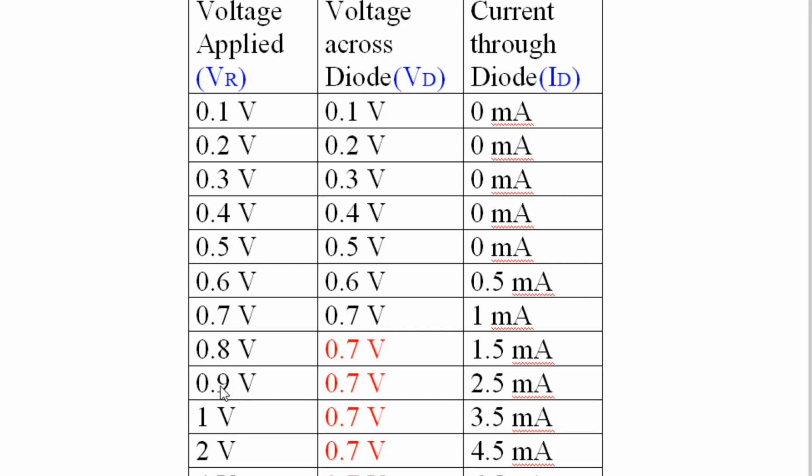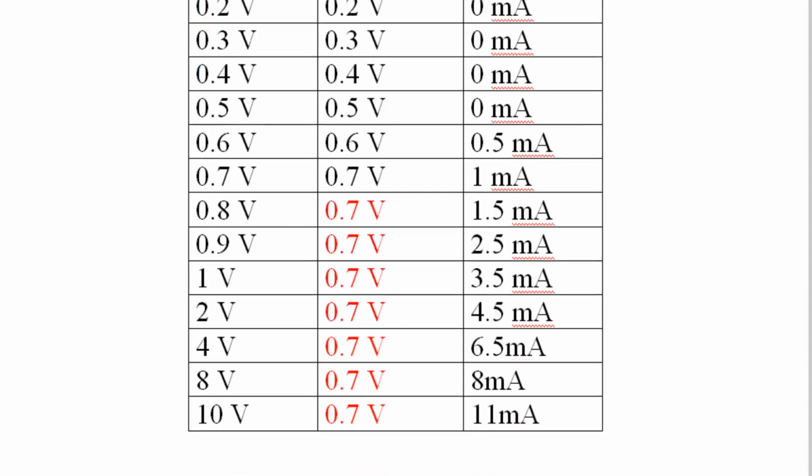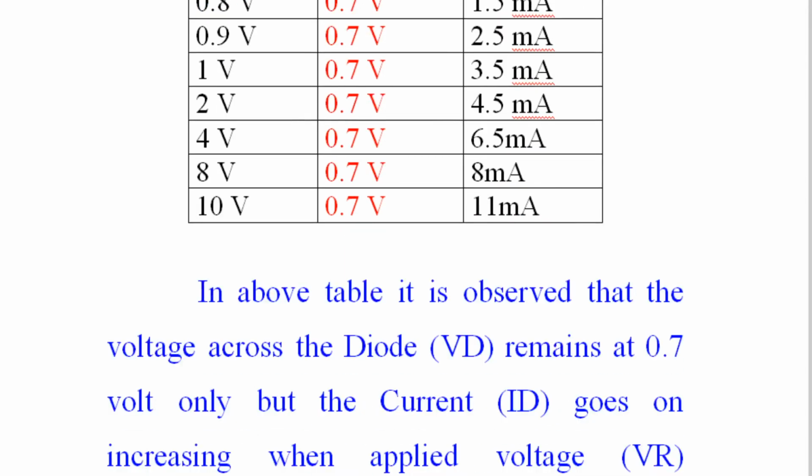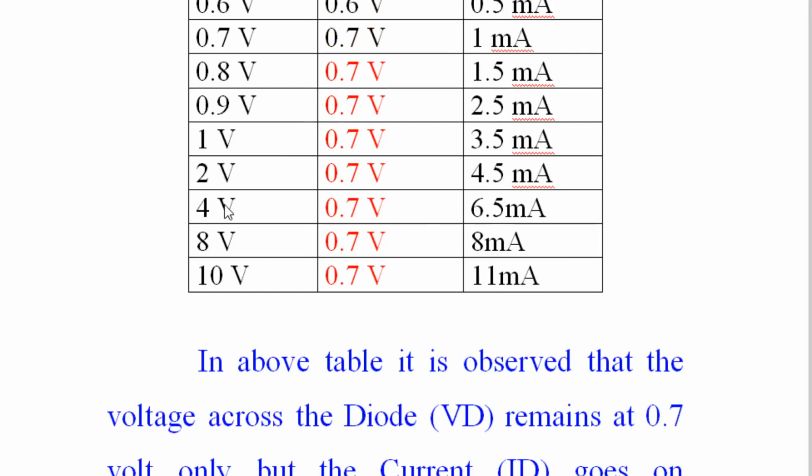Therefore the diode started conducting, and the voltage above 0.7 volt of the applied input gets short circuited, and the measured voltage across the diode is 0.7 volt only. So we have taken from 1 volt to 10 volt: 1 volt, 2 volt, 4 volt, 8 volt, 10 volt. All these voltages across the diode are 0.7 volt only.